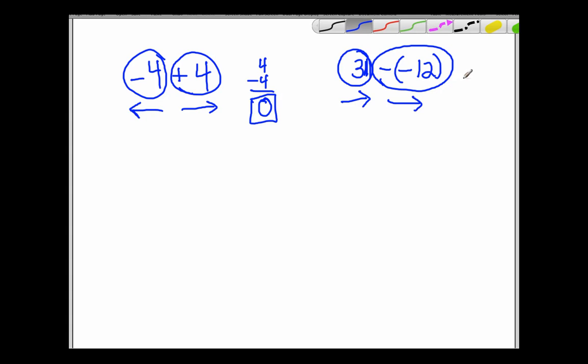Therefore, it's right pointing. All right, same or different direction? Same direction, so we're going to add them up, find the sum. I should have done a better job at lining that up. 2 plus 1 is 3. 1 plus 3 is 4. 43. And the answer will take the sign of the direction of the vectors, if they're the same. And they're both going to the right, so the answer will be positive 43.